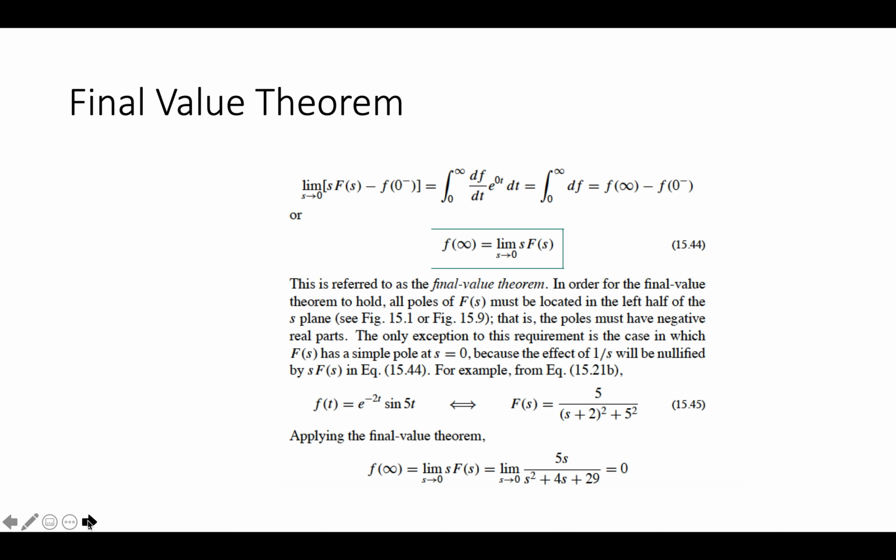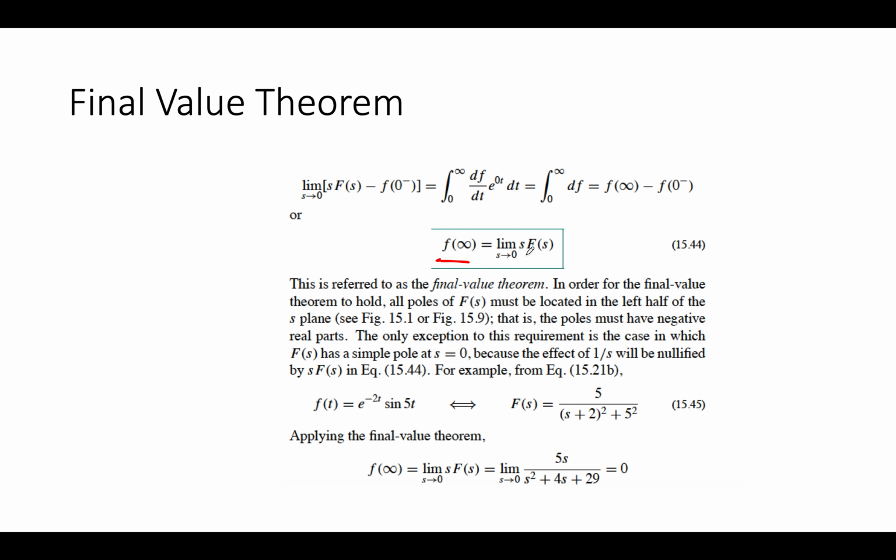The one that's much more commonly used in electrical engineering is the final value theorem, and one of its main applications is in either control systems or in circuits to try to figure out as time goes to infinity, when the transient effects have gone away, what is the final value of whatever parameter it is you're measuring. So in the time domain, you would basically take your function and let t go to infinity, and evaluate the function.